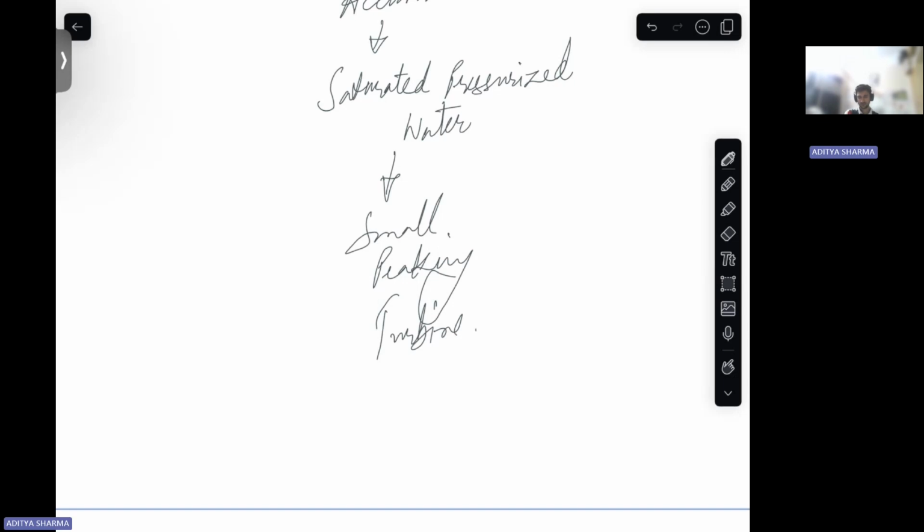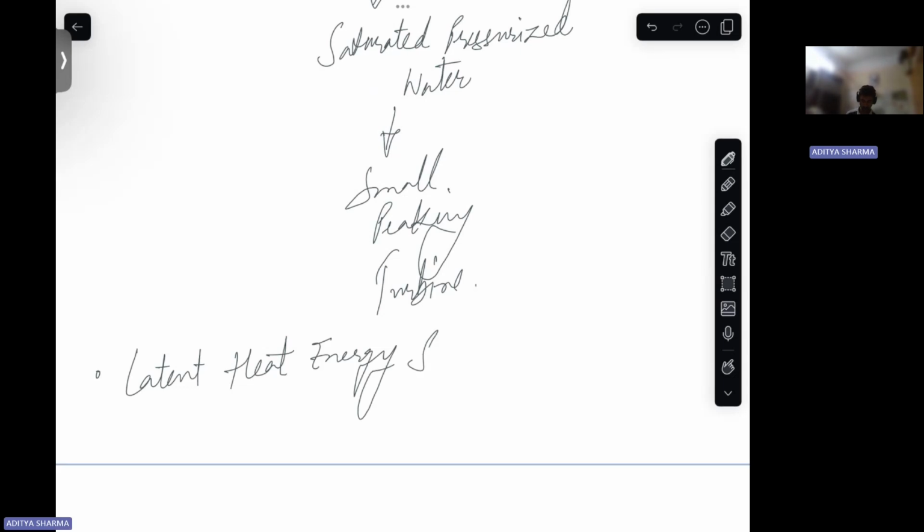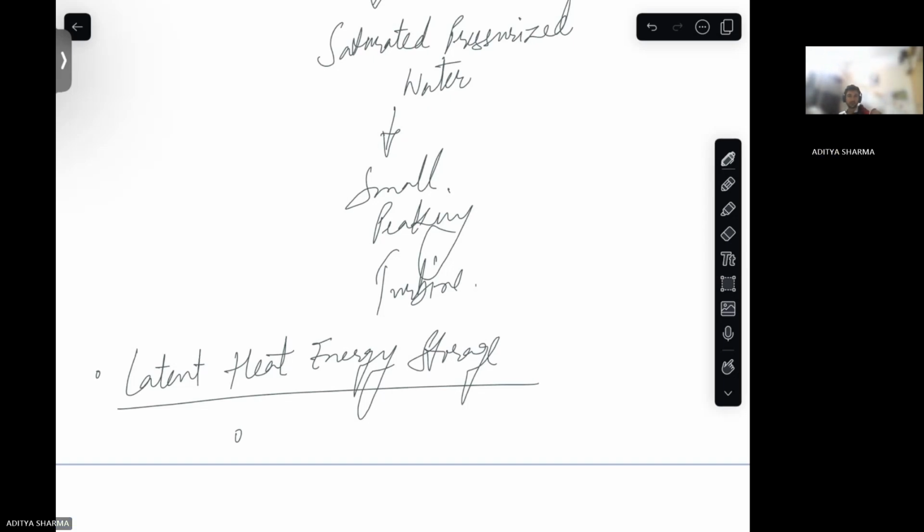After this, the next topic is your latent heat energy storage. As we know what latent heat is, the hidden heat.